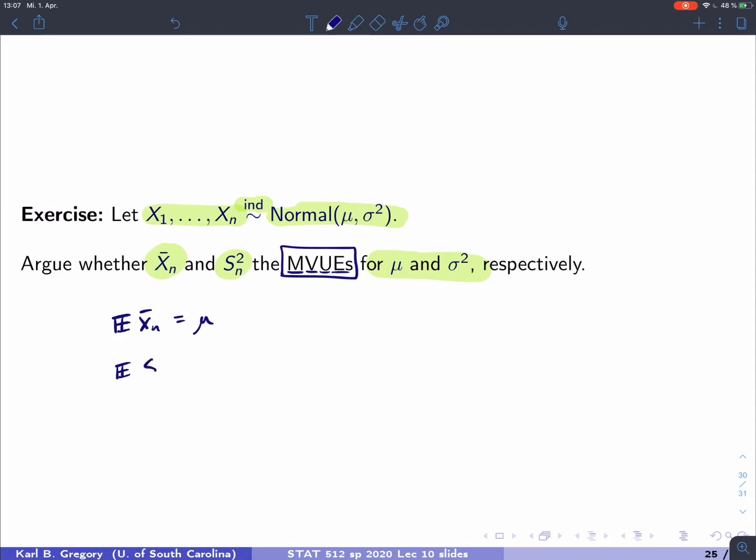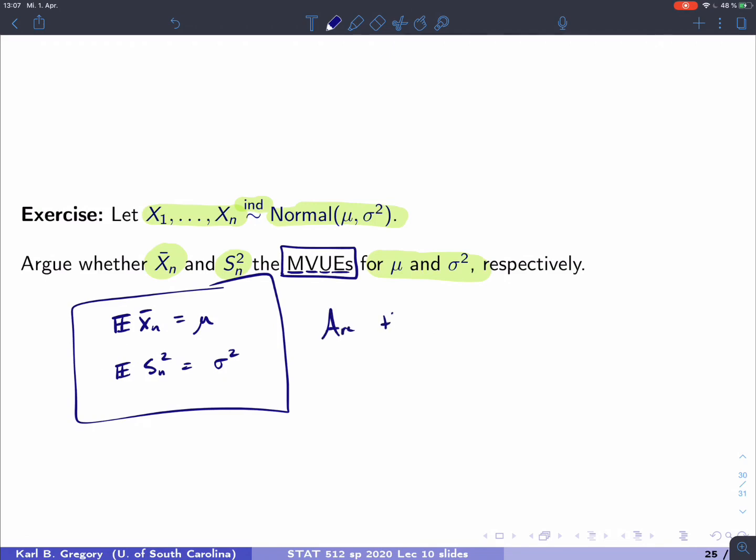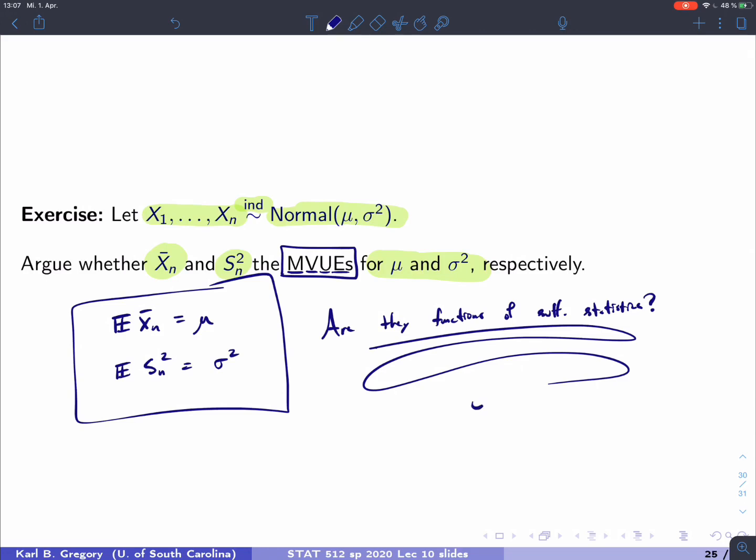We've shown before that this is true. But are they functions of sufficient statistics? If they're functions of sufficient statistics, then we would say yes, they are the MVUEs. Because remember, to be an MVUE, you have to be unbiased and you have to be a function of a sufficient statistic. That's enough to claim MVUE status.